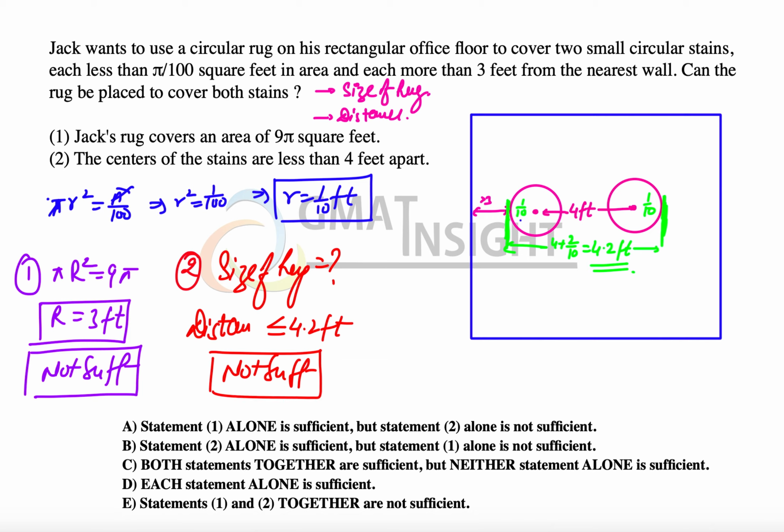So now we combine the two statements, and the combination of the two statements gives us what we needed. We know that the radius of the rug is 3 feet, which means the diameter is equal to 6 feet.